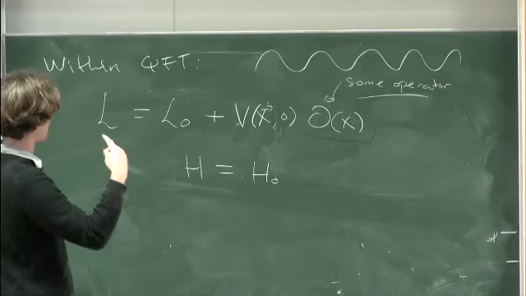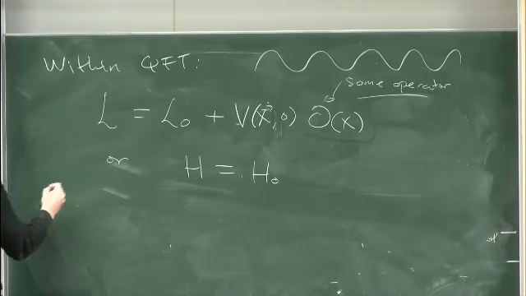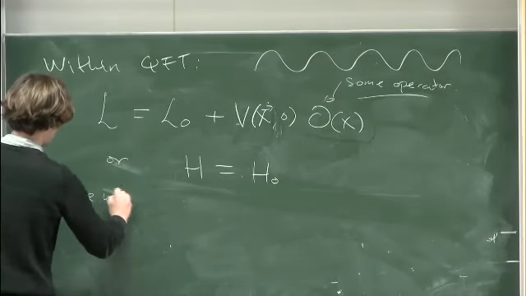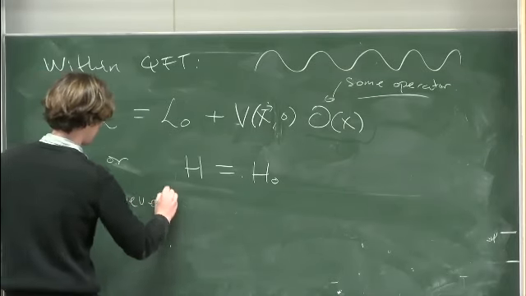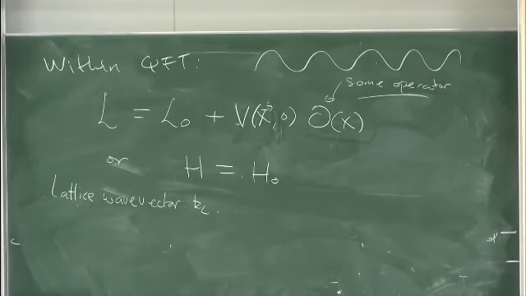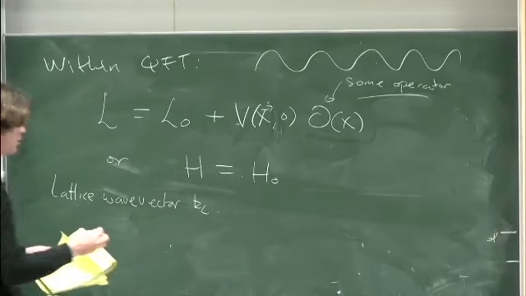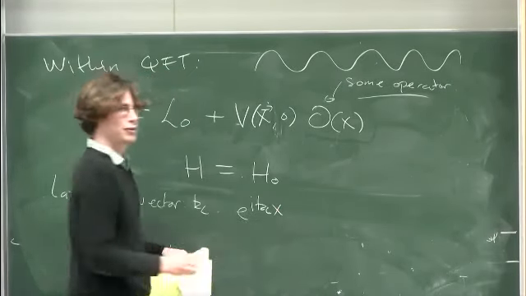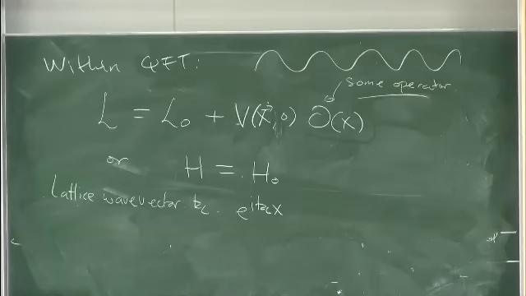And so that lattice has some lattice wave vector associated to it. Let's call the lattice wave vector KL.